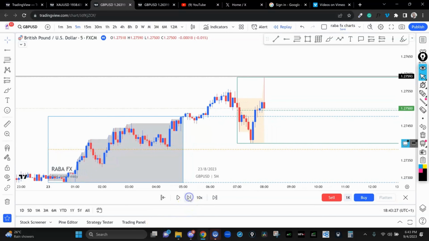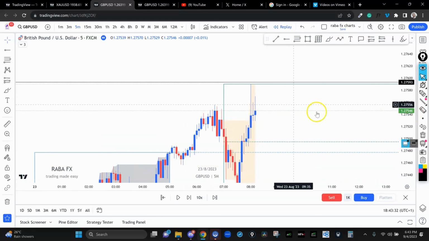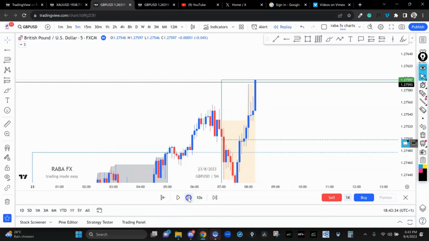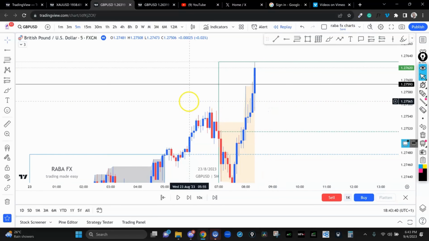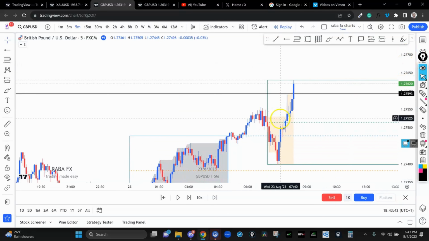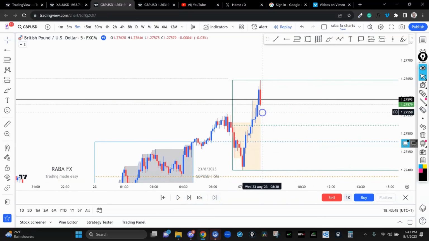So you watch price. Now you can see, do we have a rejection of that line? Not yet. Now we have that rejection, and it closed above. Now in this case, we have a fake out.